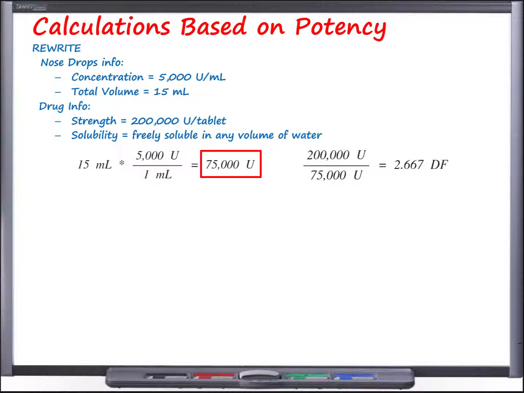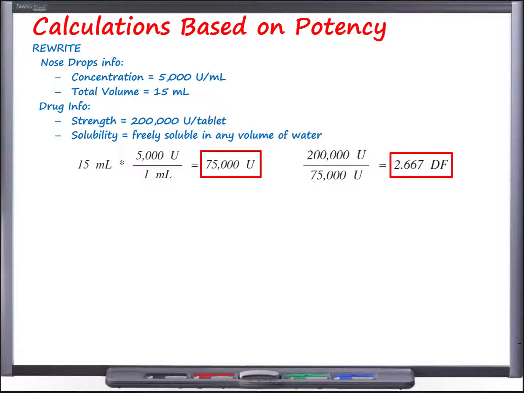So to do this question, let's just solve this. Let's say what I will be getting from my tablet is 200,000 units, and you can see where that comes from up above. What I'm going to put down below is the amount that I actually want. I only want 75,000 units. So understand, 200,000 divided by 75,000 means I will be receiving 2.667 times the amount of drug that I want.